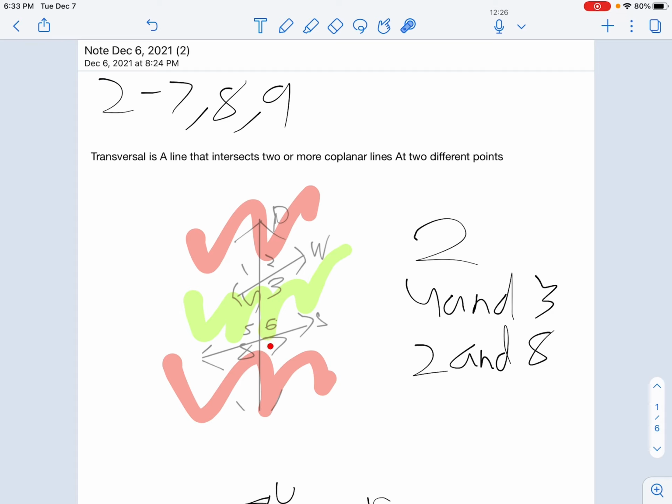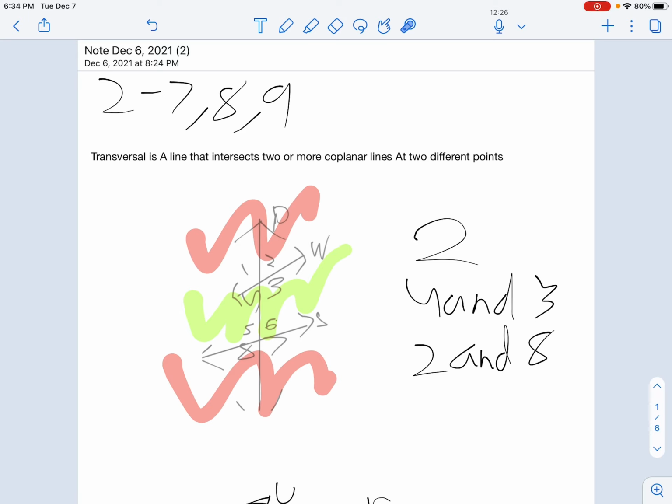In this example, ours would be 3 and 5 and 4 and 6, because they're on the transversal, on opposite sides, and non-adjacent. Those are our alternate interior angles.